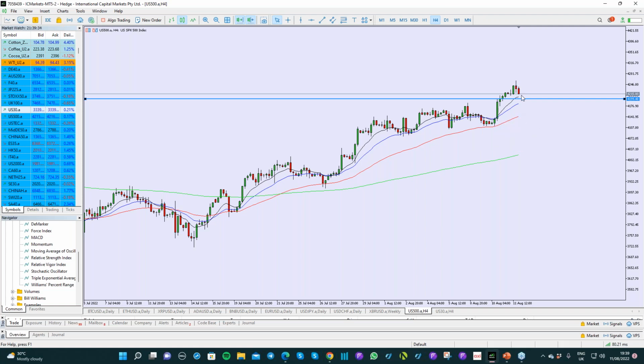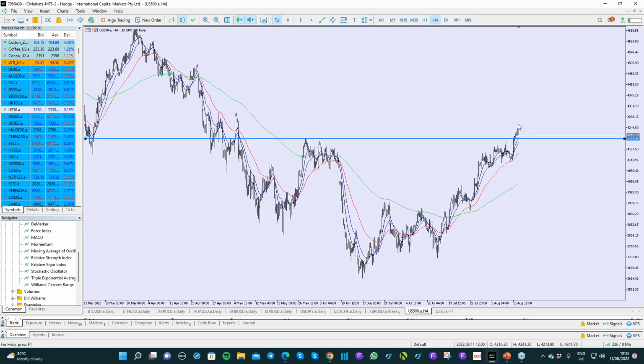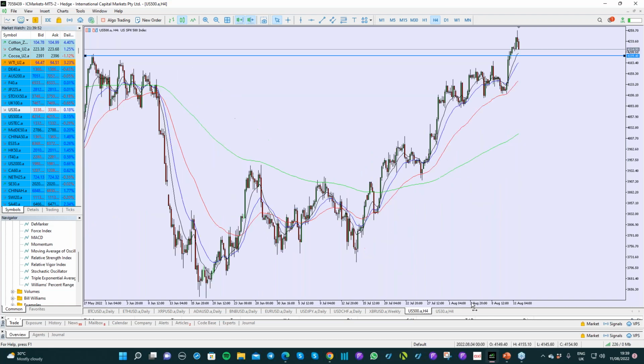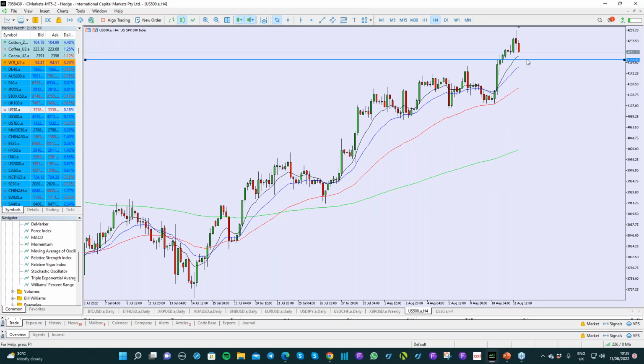So I'm looking for the same thing here. I'm looking for price to pull back down into the area in and around the 10 and 20 moving averages. What I particularly like about this is that I do have this horizontal level here as well, where price could pull back and actually coincide with this horizontal level and find support there. Could also come a little bit lower, back to perhaps this previous high, anywhere around this area.